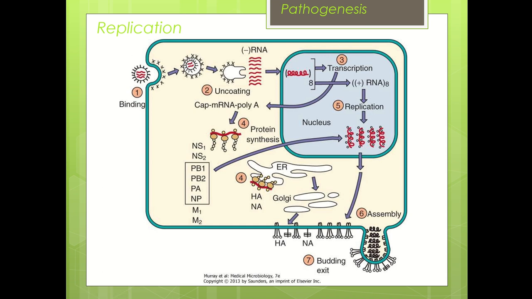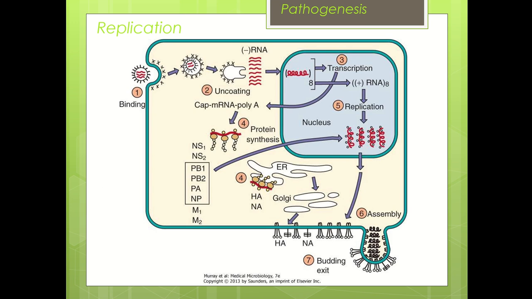All will enter into ribosomes that are studded onto the endoplasmic reticulum, where the viral proteins are synthesized, especially hemagglutinin and neuraminidases. As these are glycoproteins, their glycosylation will be facilitated by the Golgi apparatus, and these hemagglutinin and neuraminidases will be transported towards the membrane, where they get embedded into the membrane.